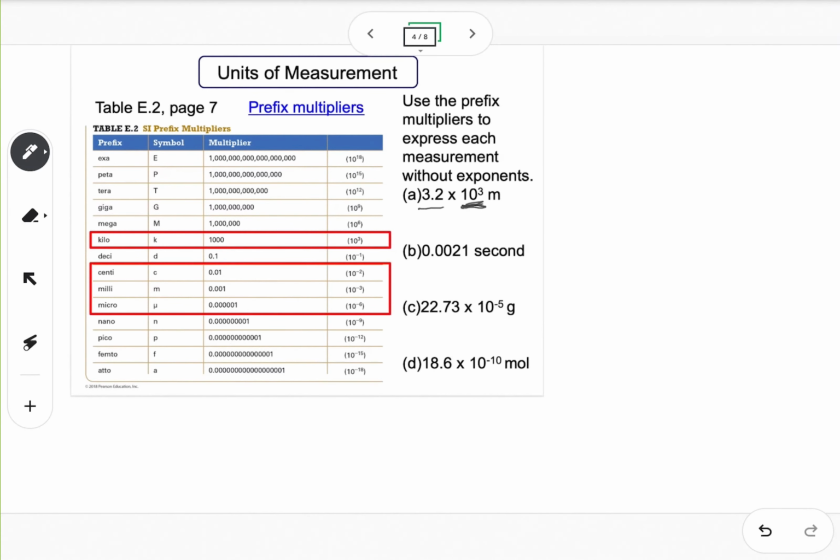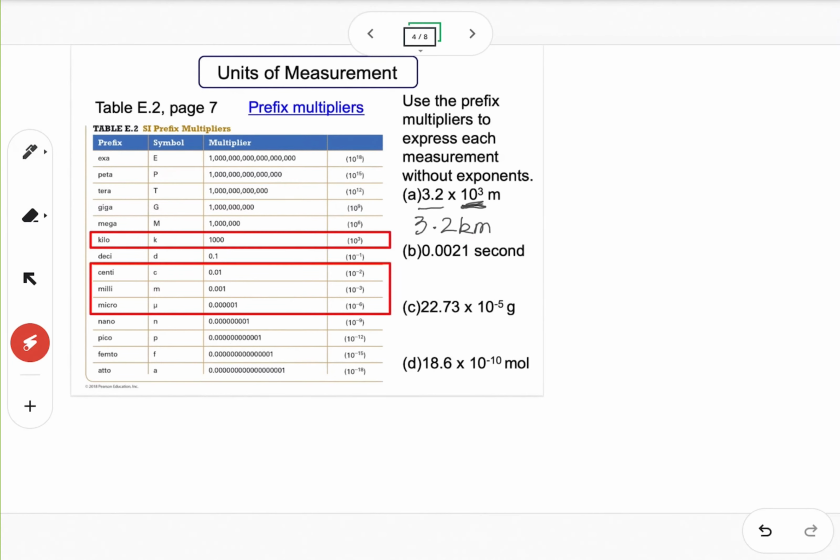As you can see from this table, for 10 to the third, it has a prefix symbol to use. So this question is quite straightforward. The answer is going to be 3.2 kilometer. Okay, essentially we use k to replace 10 to the third.